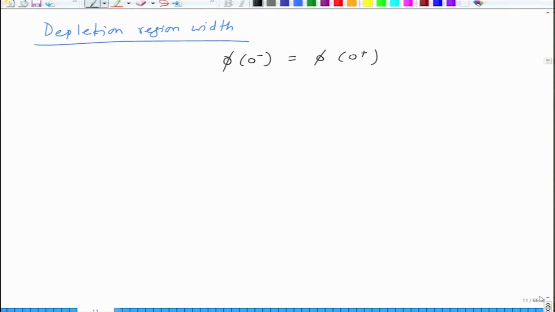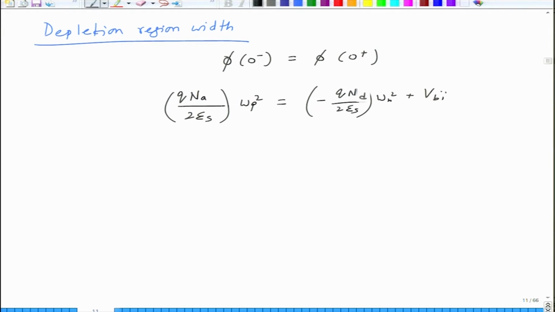So since potential is continuous at the interface, phi 0 minus is equal to phi 0 plus, and then when you apply this to previous equations, you get Qna divided by 2 epsilon s into Wp square, which is equal to minus of Qna divided by 2 epsilon s Wn square plus Vbi. Okay. So essentially you substitute x is equal to 0 in both the equations.